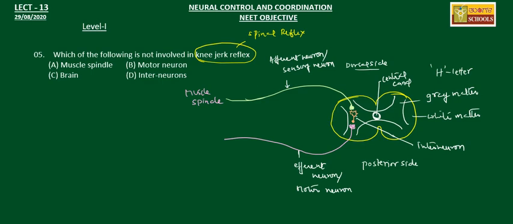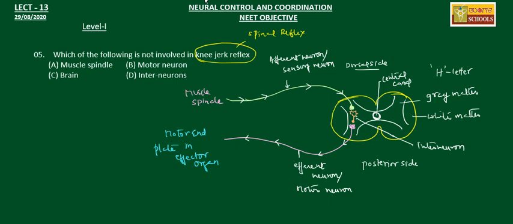So the impulse will be received from the muscle spindle, and it passes in this way, and this is the direction of flow of the nerve impulse.